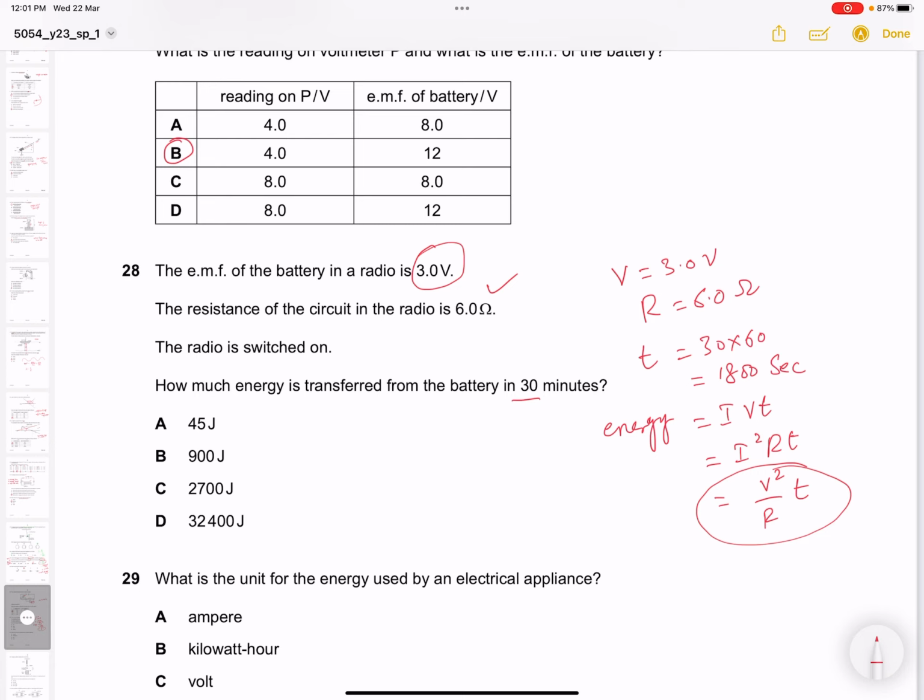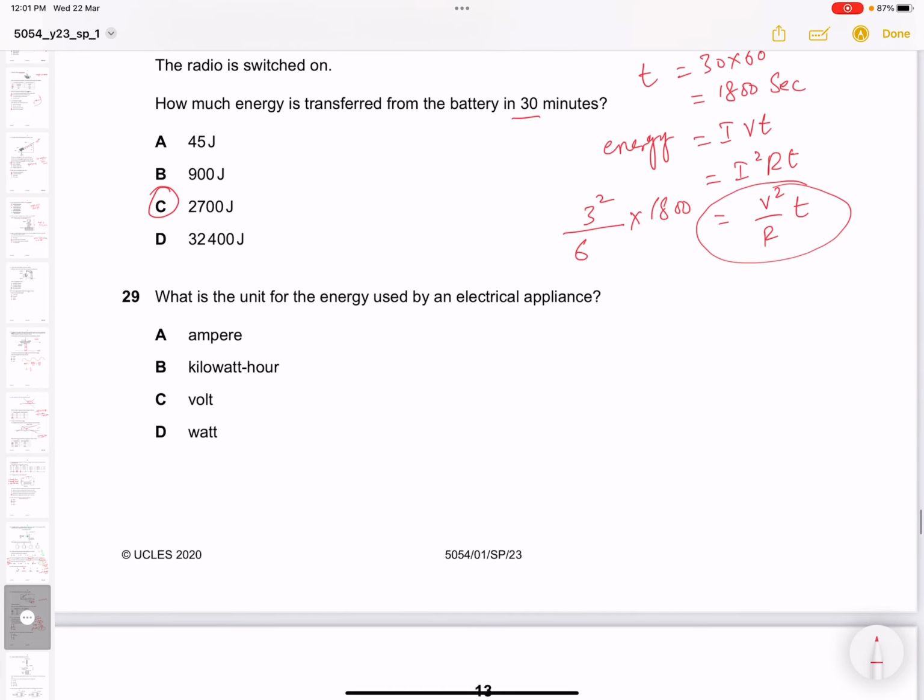So if you put values here, times 1800, and you will get option number C. Next question. What is the unit for energy used by an electrical appliance? So for an electrical appliance, we use energy in kilowatt hour, which is also 1 unit of electricity.